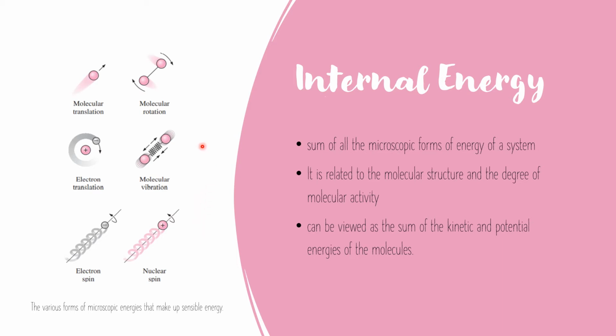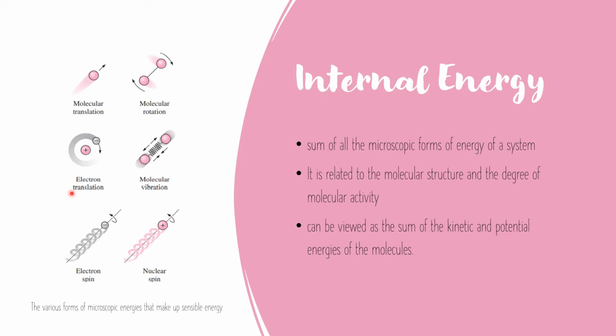The molecules of a gas move through space with some velocity and thus possess some kinetic energy, and this is known as the translational energy. And the atoms of polyatomic molecules rotate about an axis, and the energy associated with this rotation is the rotational kinetic energy.